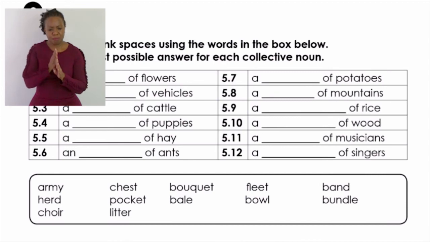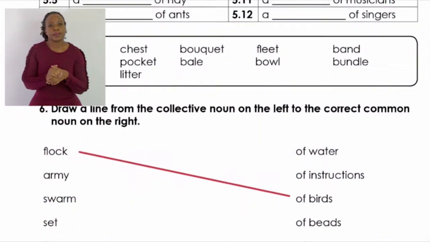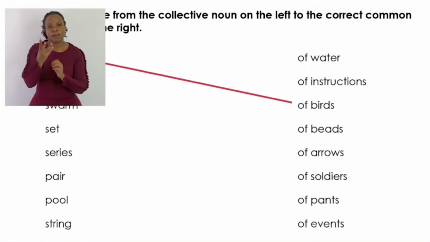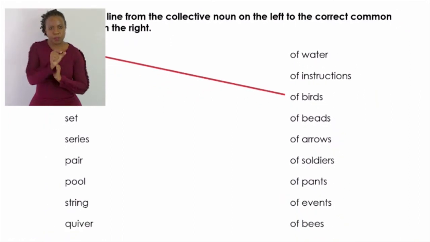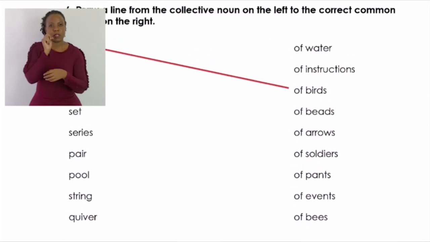Right, activity 6. What does it say? Draw a line from the collective noun on the left to the correct noun on the right. Right, on the left we are given collective nouns, from flock to quiver.